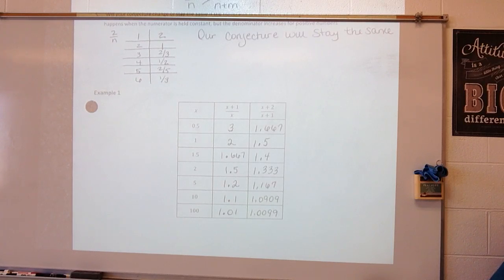Now, here's the thing. We have only checked 7 points. So we cannot yet say this is the case for every positive value. So how else could we compare these two expressions?